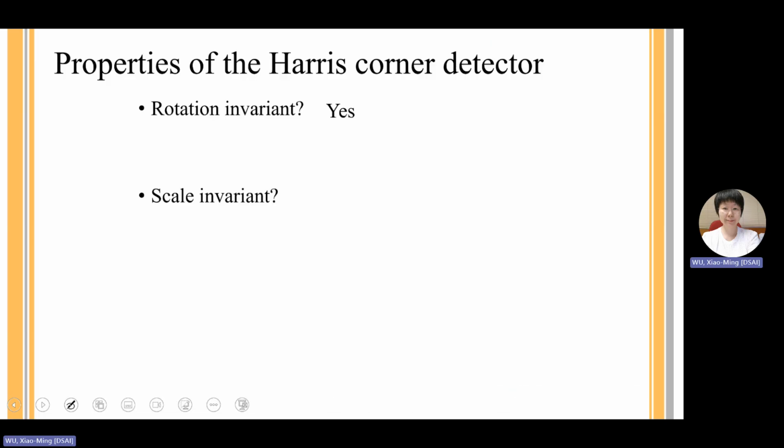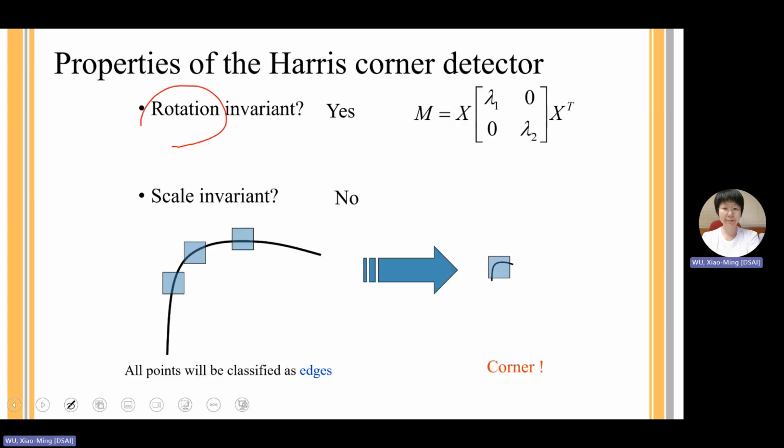Okay, and we have summarized that Harris corner detection has a major limitation. What is that limitation? It's invariant to rotation, but it's not invariant to scale, meaning that it cannot identify corners of different scales.